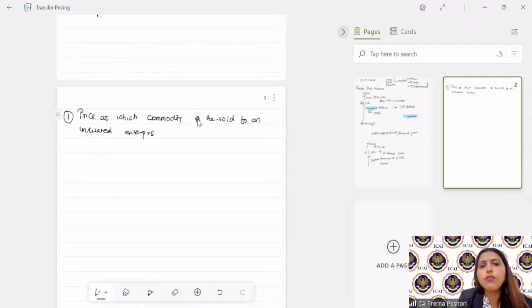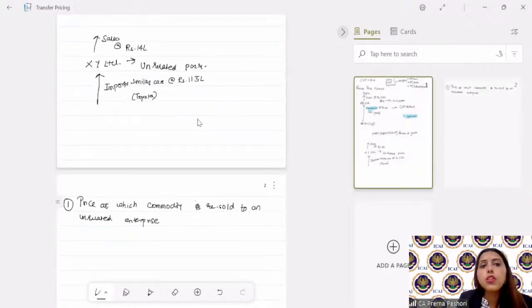So what we are first doing is determining how much margin an unrelated party earns.